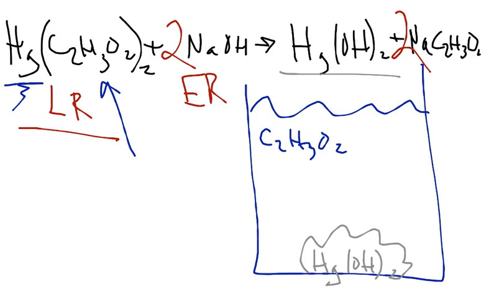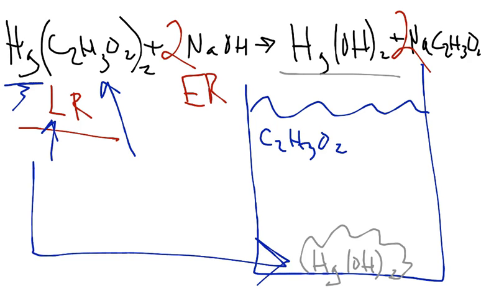Hg2+ ion is the limiting reactant, and it's over here in the precipitate. So no Hg is in the solution besides what's in the precipitate. But OH is the excess reactant, but it's also in mercury hydroxide.